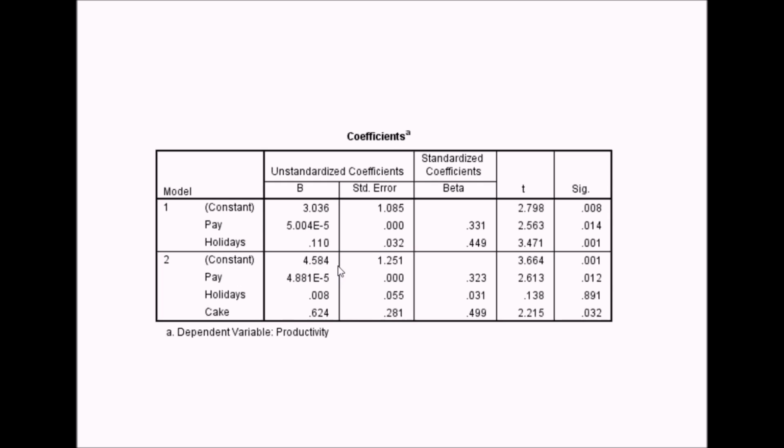It's sucking up a lot of the variance in productivity, which means that holidays now accounts for far less of the variance. So this can happen when you've got associated predictor variables in your model. It can really quite drastically affect the coefficients that are calculated.